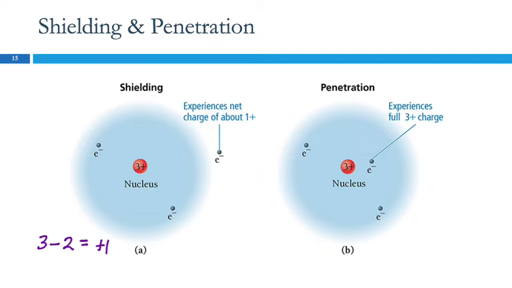Well, what if they put on a parka and boots and a face mask like they were going to go out in the snow in Alaska? Can you even really see them anymore? No. Are you going to be as attracted to them? No. So these electrons that are closer to the nucleus are like layers of clothing, right? And they're getting between you and this beautiful person that you're interested in.